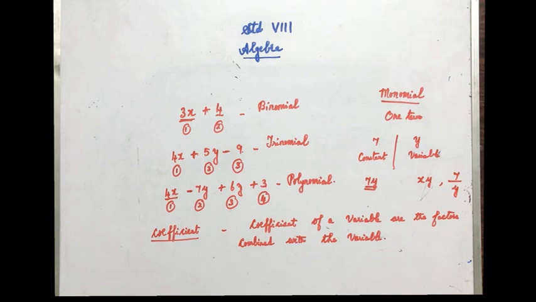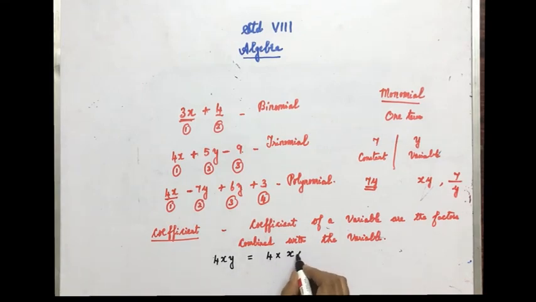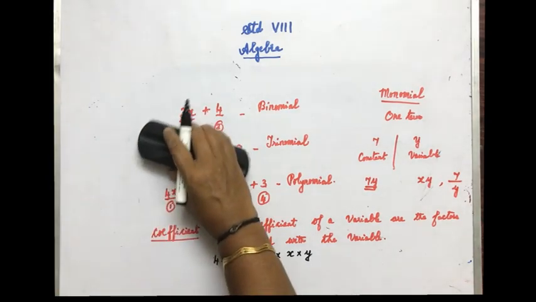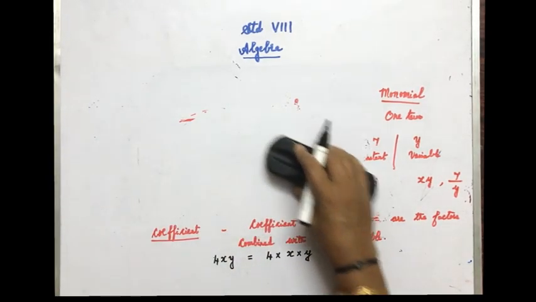Now we will see through an example. If we consider 4xy, this can be written as 4 into x into y.